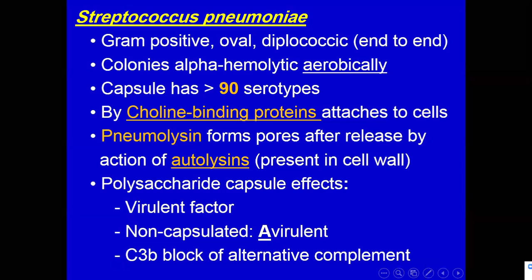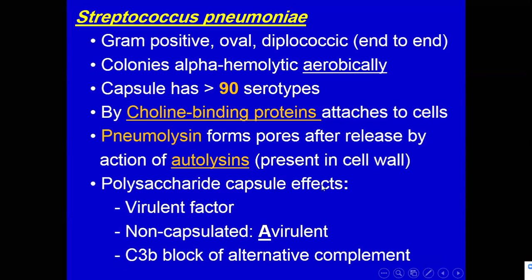So the autolysin causes the release of the pneumolysin. The pneumolysin makes pores in the infected host cells. So this pneumolysin also can cause pores in the RBC during culture and cause the alpha hemolysis.